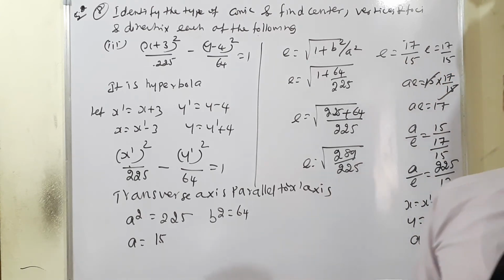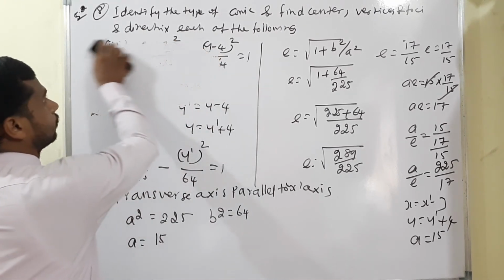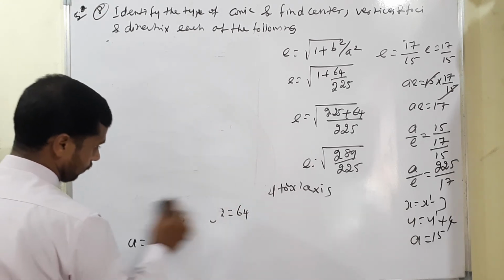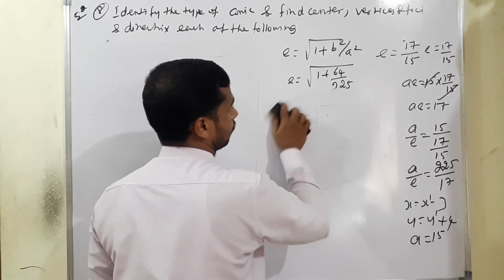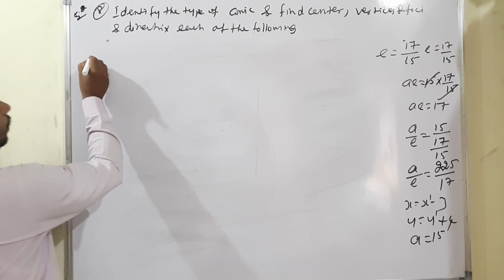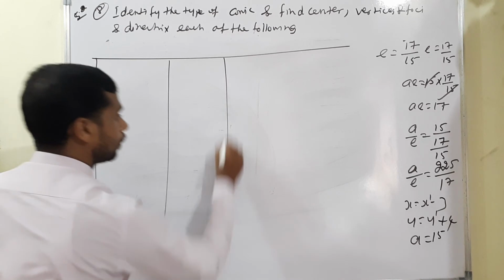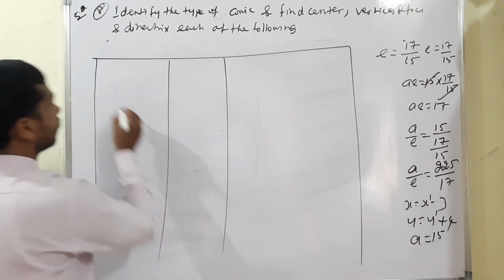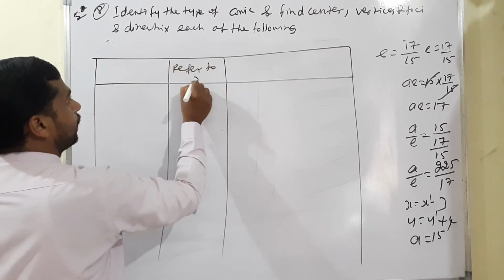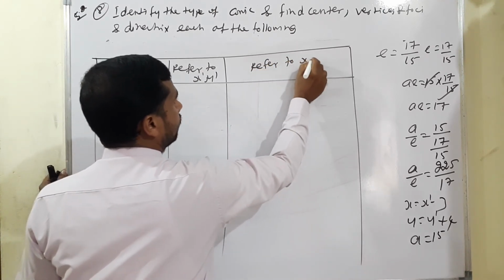I am going to make a tabular column. It refers to x dash and y dash, and to x comma y.